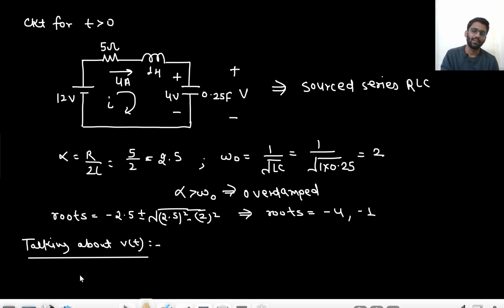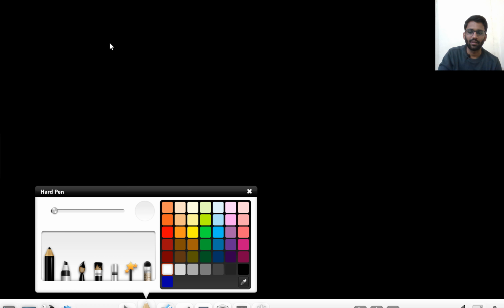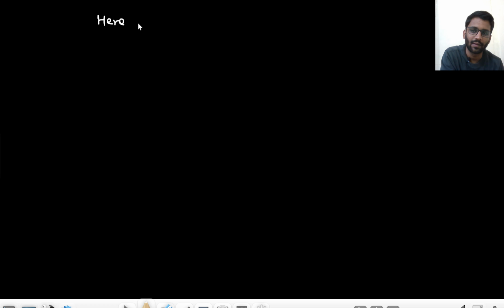Now talking about Vt. So what will you write? V infinity plus C1 e to the power minus 4t plus C2 e to the power minus t. What is the value of Vt at t goes to infinity?